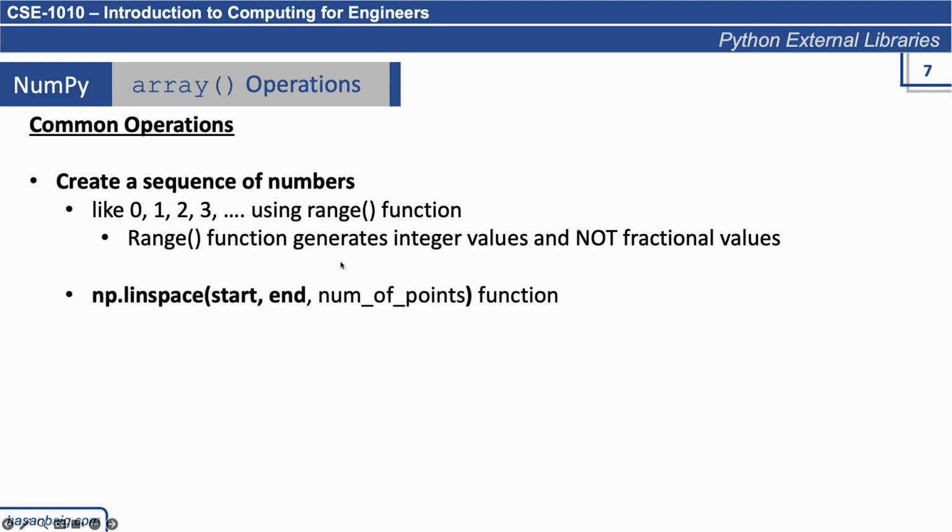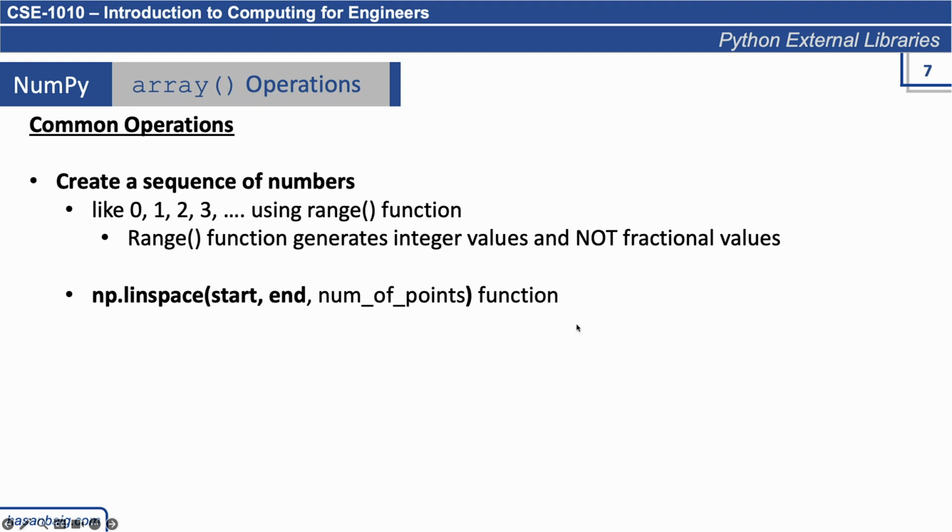So what if you need to generate a sequence of numbers with fractional values? In the NumPy library, we have a linspace function where you need to specify start, where you want to start from, where you want to end, and there is an optional parameter, not in bold here, the number of points you want.